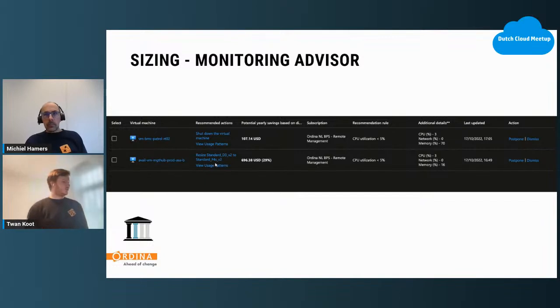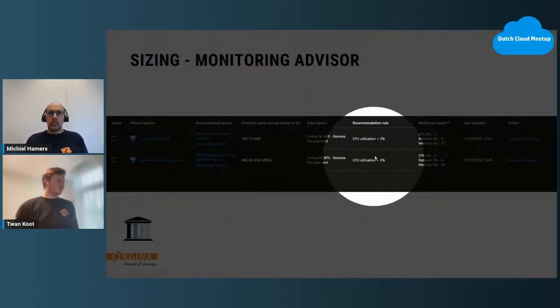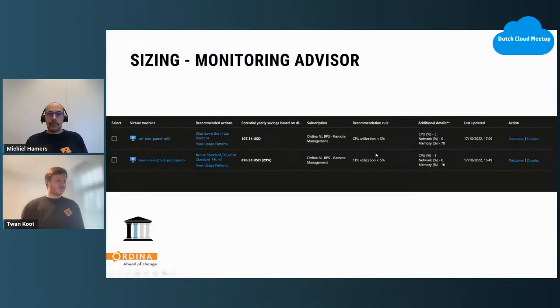It's free within each subscription, and it's a feature you can just click on, and you get advisories. You can also see the recommendation rule which is being used by Azure. In this case, it says you see a CPU utilization of less than 5% on average, which is a hugely underutilized machine.